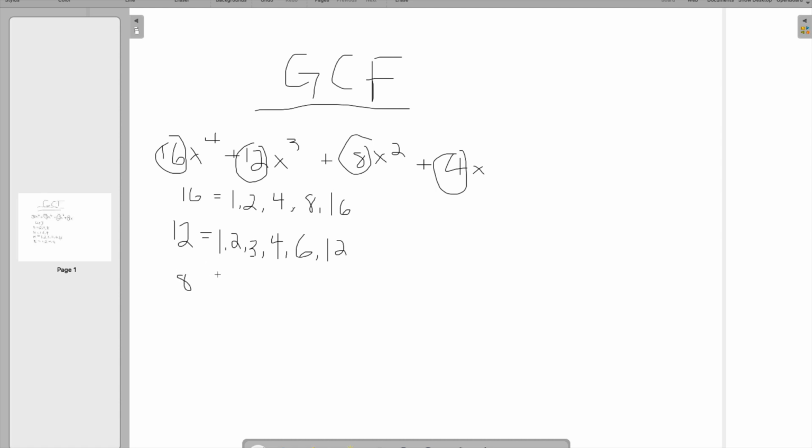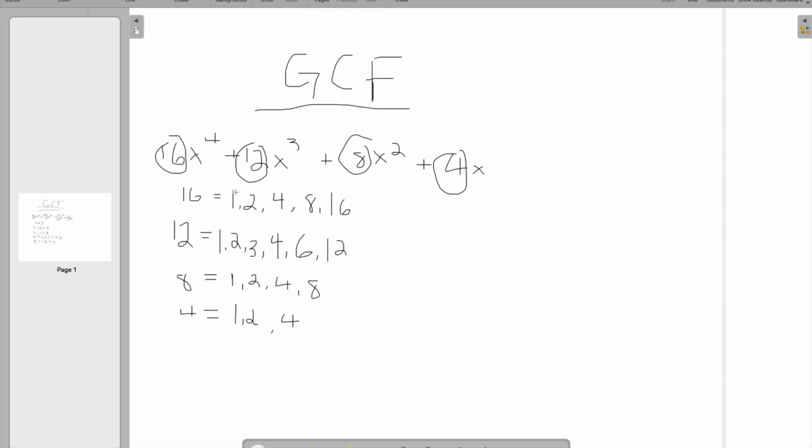Then we're going to list out what 8 is divisible by. It's divisible by 1, 2, 4, and 8. And lastly, 4 is just divisible by 1, 2, and 4.